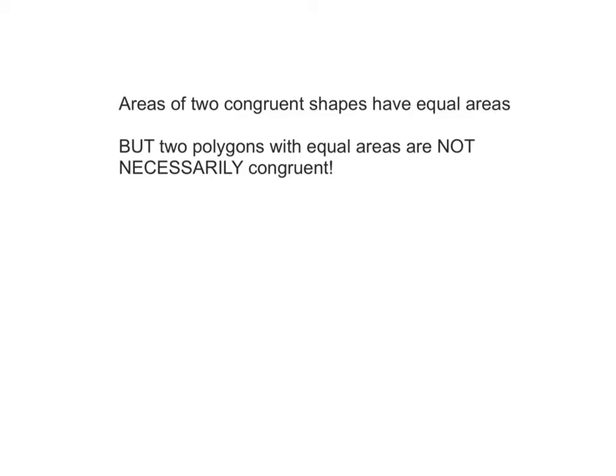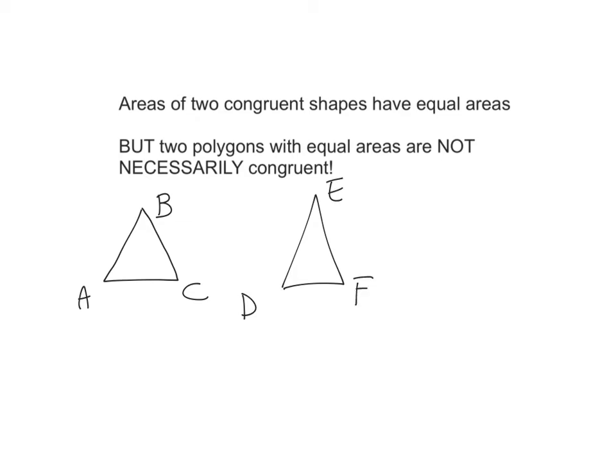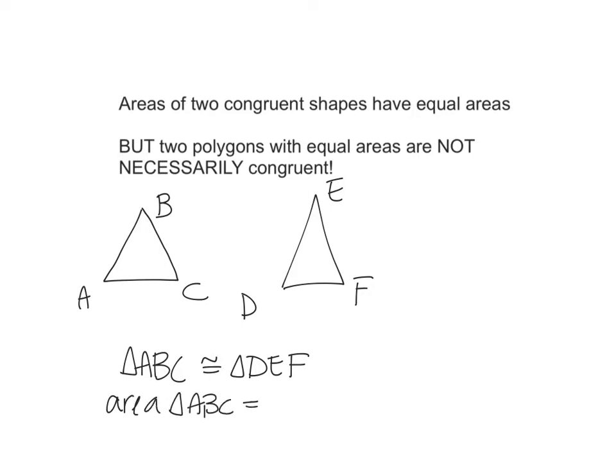So for example, I have this triangle, we'll call it ABC, and this triangle, we'll call it DEF. I tell you that triangle ABC is congruent to triangle DEF, so that means that the area of triangle ABC is equal to the area of triangle DEF.